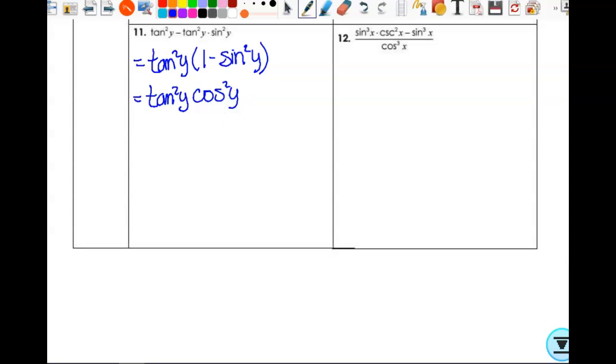Instead, I know that tangent is sine over cosine, so this is sine squared y over cosine squared y. And I'm going to multiply that by cosine squared y. And then what's going to happen? Cosines cancel out. I'm left with sine squared y.